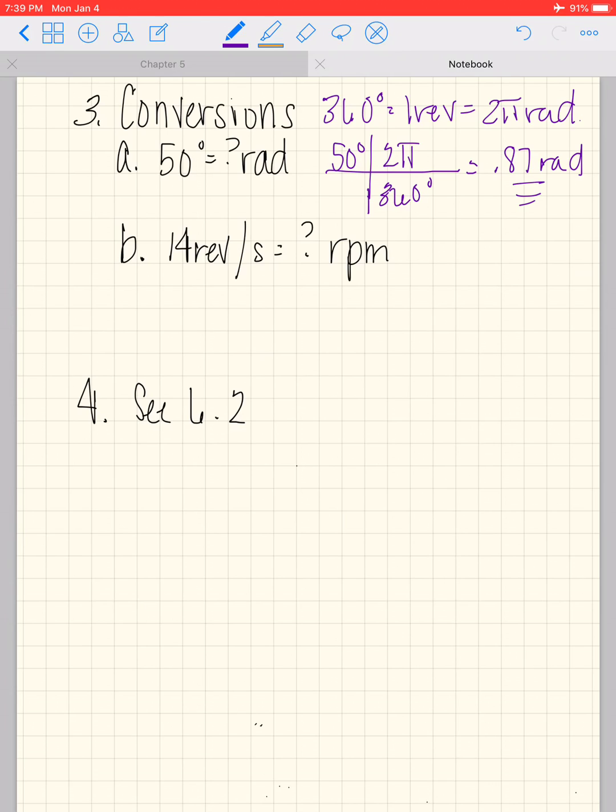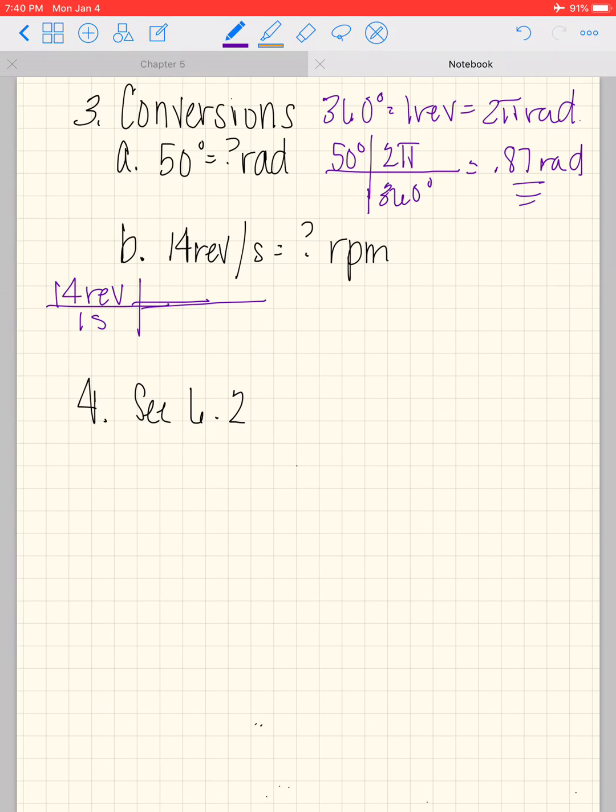You're also going to be dealing with speeds of revolution, actually these we call velocities, revolutions per second, and I want to convert that to revolutions per minute. So my revolutions doesn't change, so it's actually 14 revolutions in 1 second, and I want to know how many revolutions it is going to be.